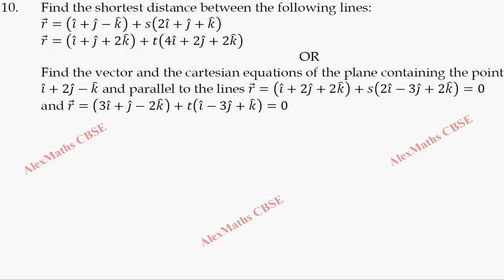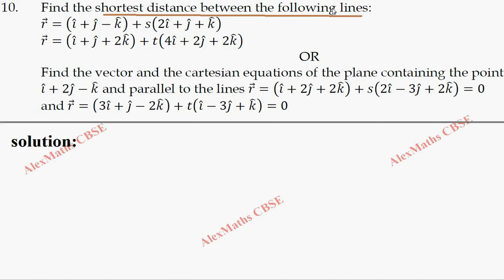Question number 10, first part, we have to find the shortest distance between the following lines. They have given two lines. The first line equation is R vector equal to i cap plus j cap minus k cap plus lambda times something. The equation of the line in the general form is R vector equal to A vector plus lambda B vector.